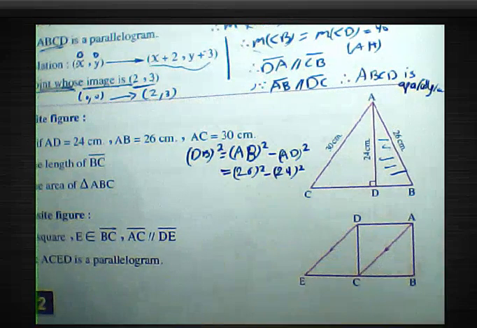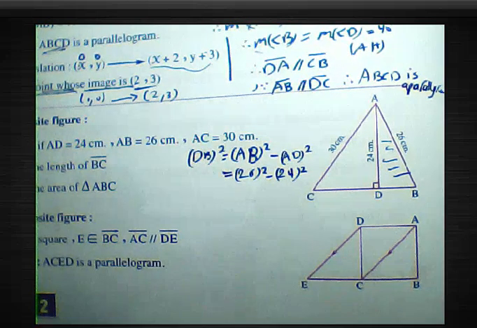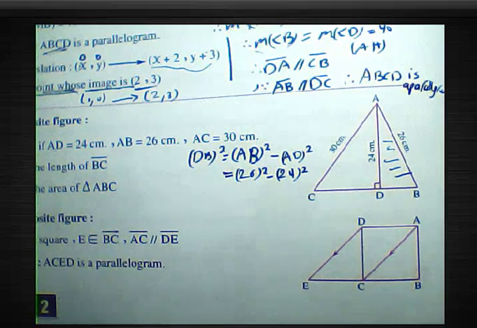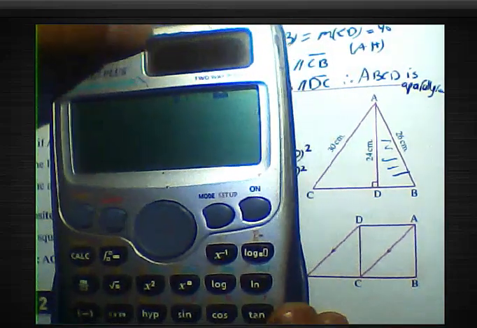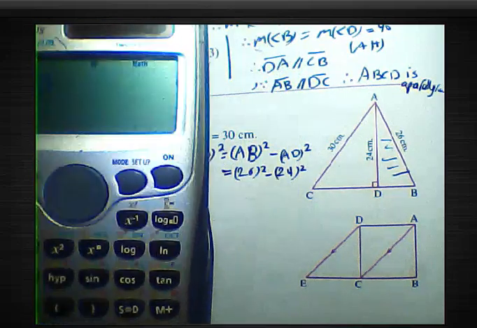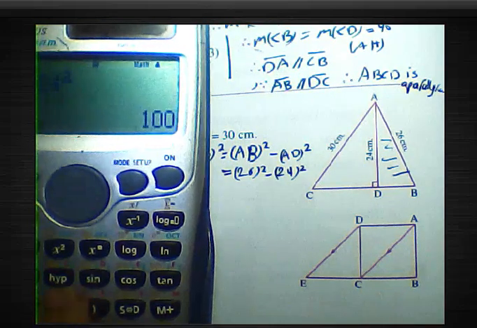and then we can find the square root of them using the calculator. 26 squared subtract 24 squared will be 100.